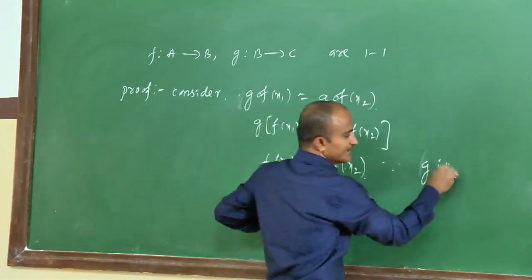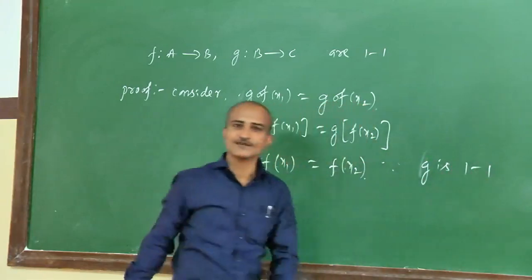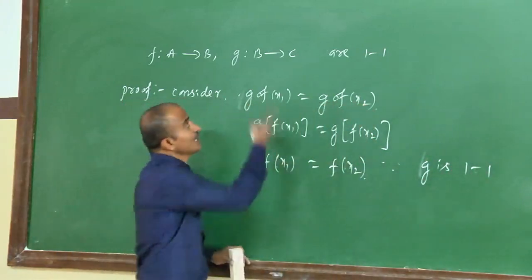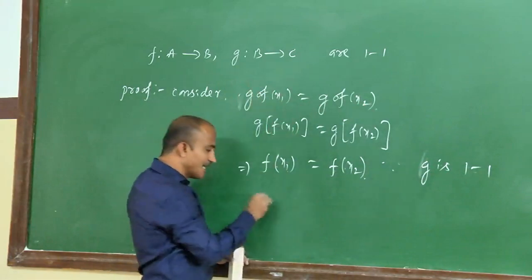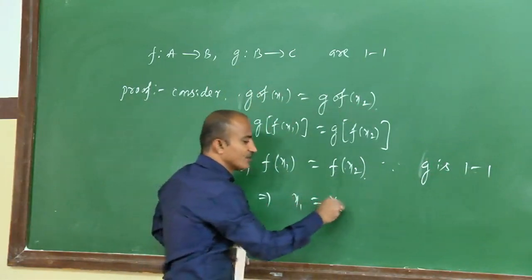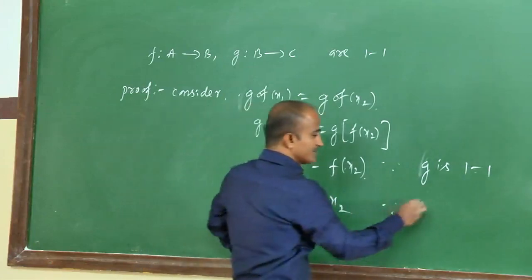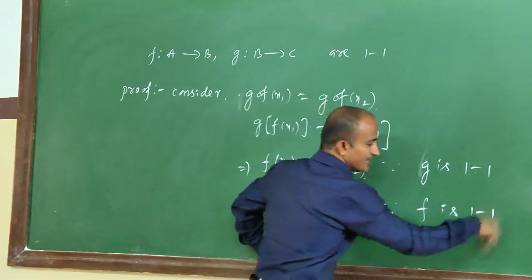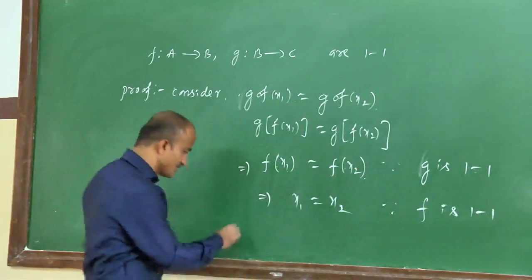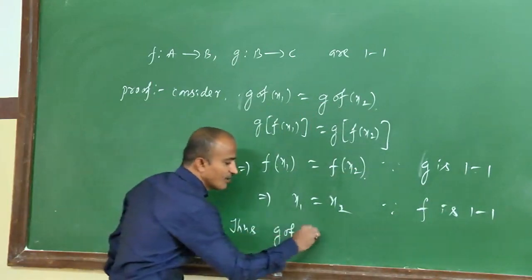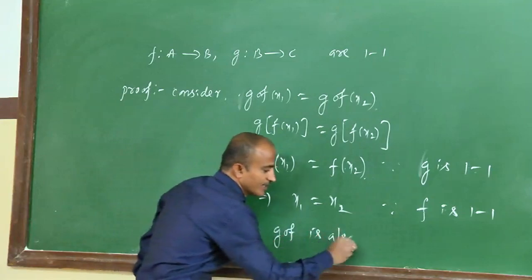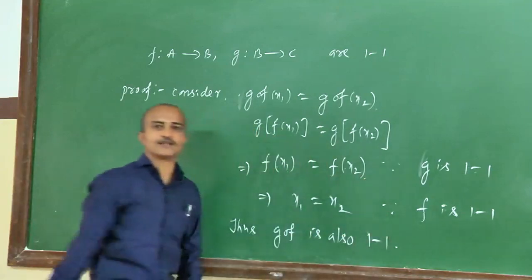Now f is also 1 to 1, therefore that implies x1 equals x2. Thus gof is also 1 to 1.